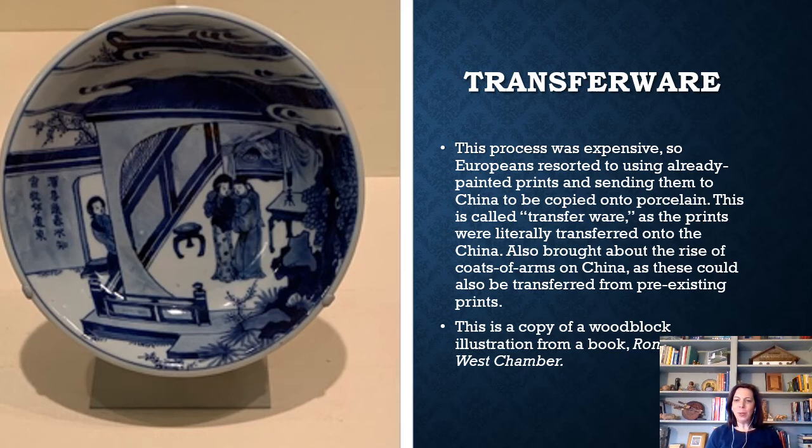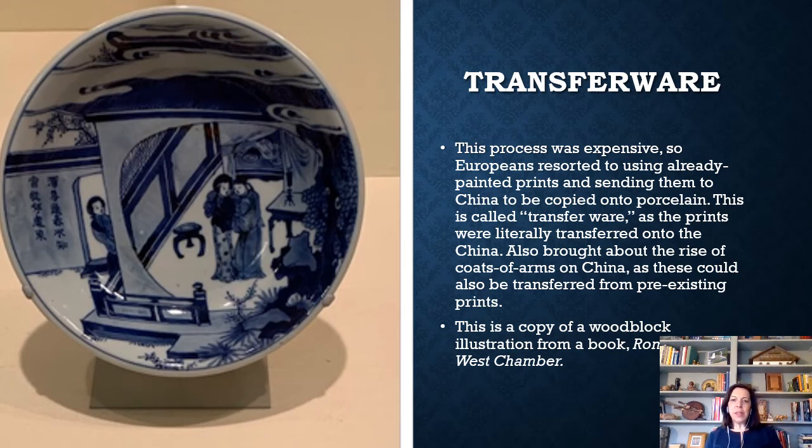So Europeans would look at books and be like, hey, we like this, make this into an image that is on porcelain. And this plate here is a copy of a wood block from a specific book. So they literally tore out pages of the book and then had their artist copy the art of that book. So it became a much cheaper way to come up with additional designs.